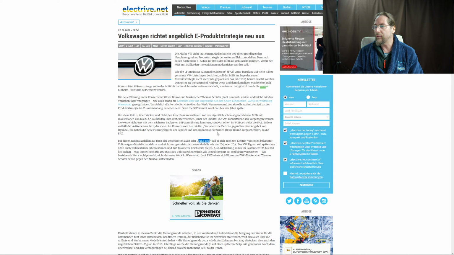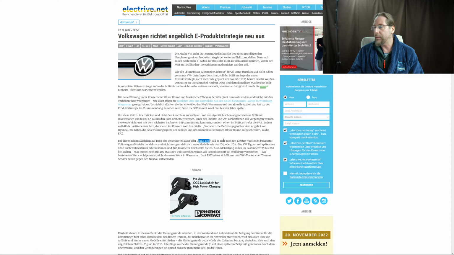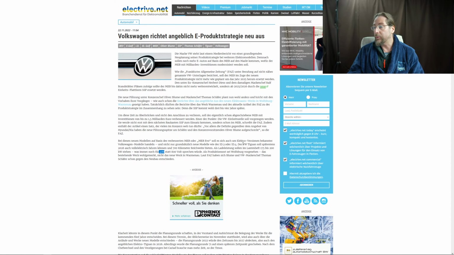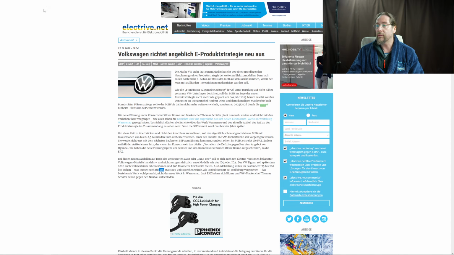Trinity is delayed. It should have come, I think, in 25, and now it should be 2030. And this should start after MEB. And this should include also normal cars, not just expensive cars, so the Tiguan and stuff like this, fully electric. It looks like it's still only 400 volt, not 800 volt, but it should be improved. Well, we'll see how that's going to turn out.